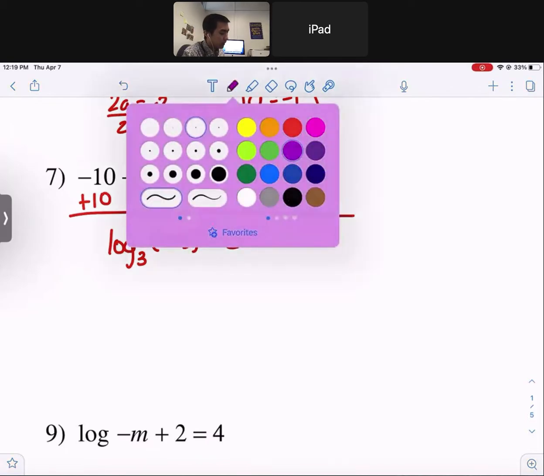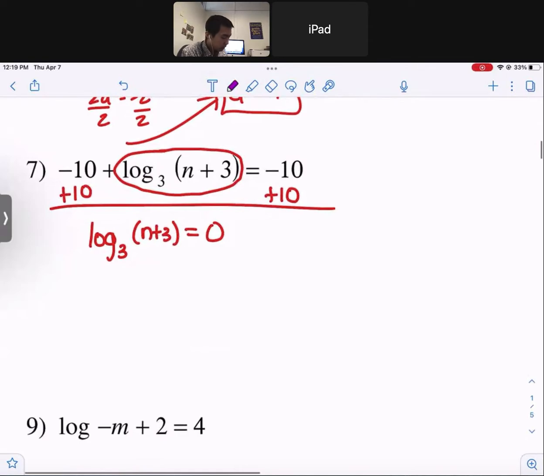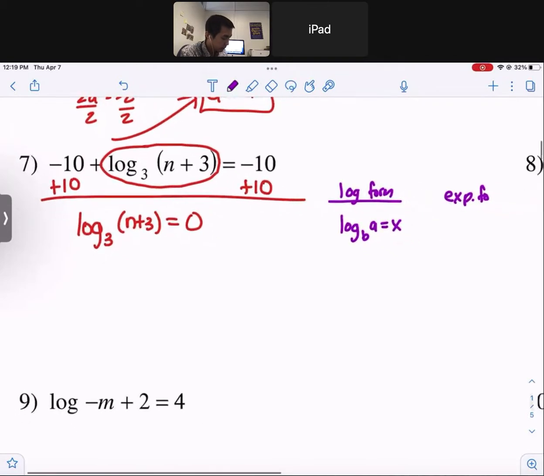I'm going to remind everyone, you have to convert from log form. So that's log form, everybody. You now have to convert it to exponential form, which is b to the x equals a. You are going to have to know how to do that.